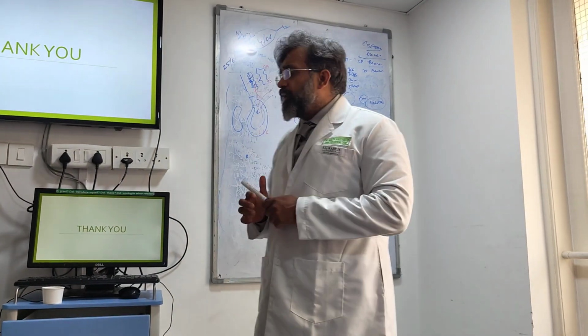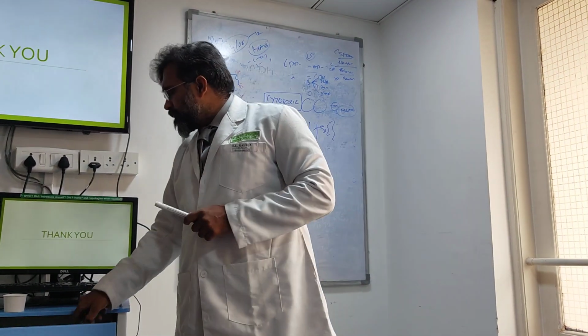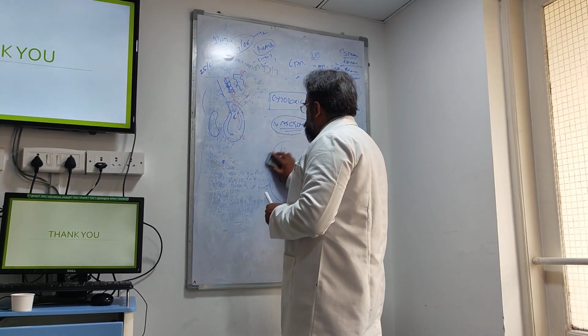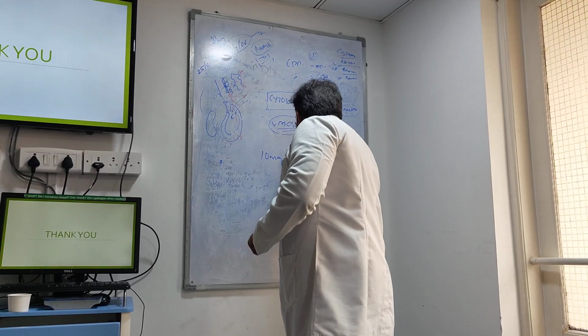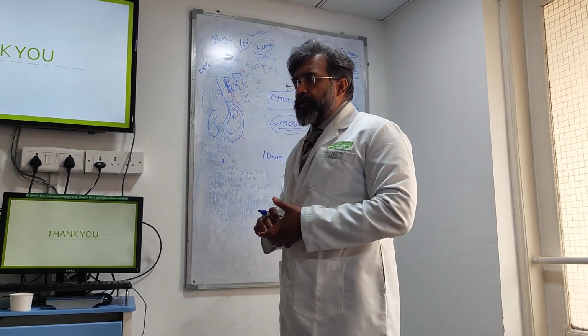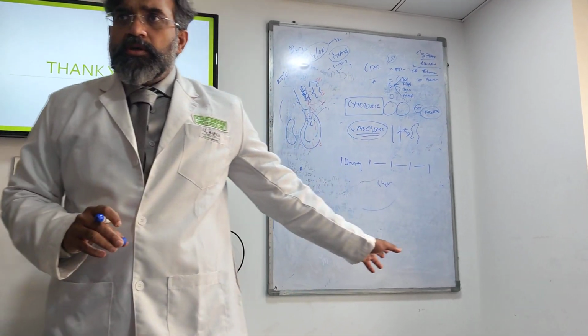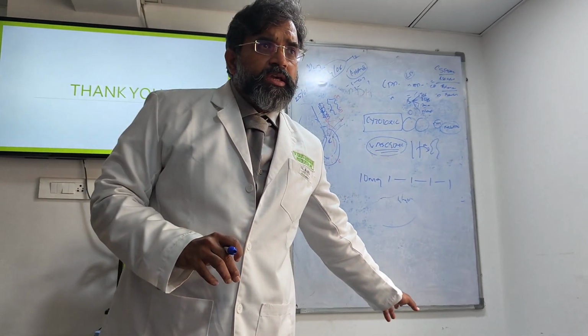Now how much of the steroid in such cases? The usual dose in such cases is 10 milligrams, 4 times in a day. This is the usual dose. This is different from the dose that you had for TB.